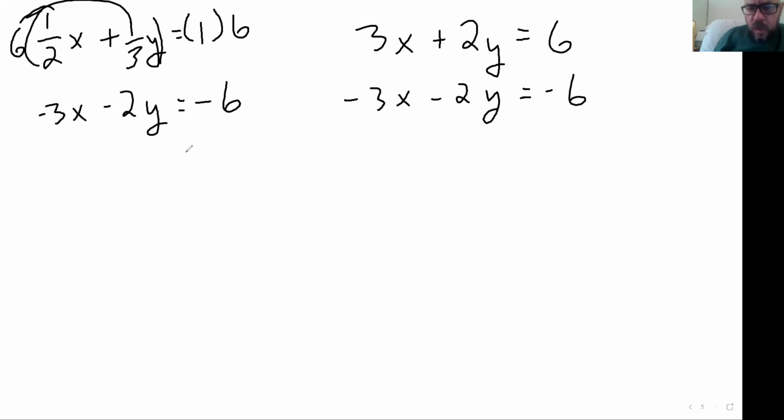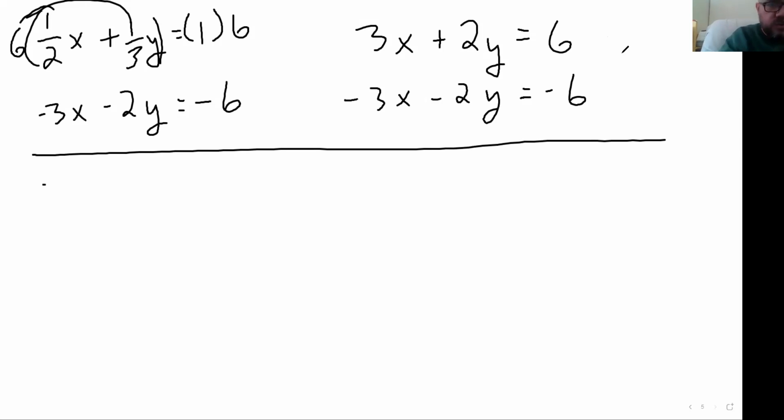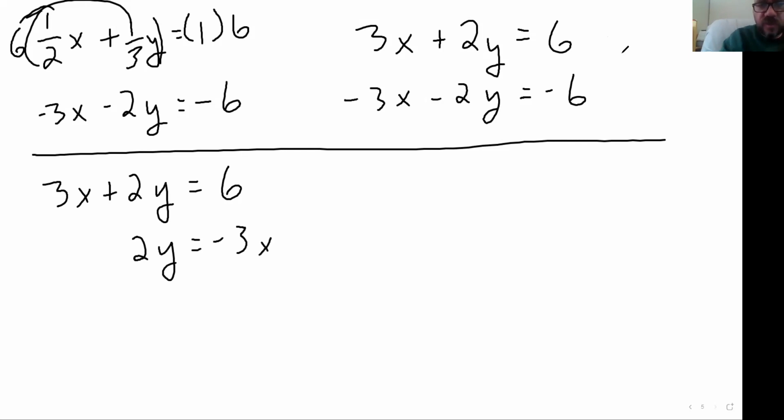Again, we can solve for whatever variable in whichever equation we want. I'm going to solve for the y in the first equation here. So if I have 3x plus 2y equals 6, and I'm solving for y, I'm going to subtract the 3x over. So we get 2y equals minus 3x plus 6. Divide by 2.